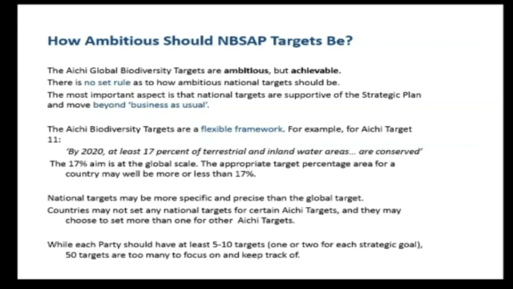It's a challenge to find this balance between a number of targets which gives you focus and is achievable, and actually covering all of the diversity of subjects which are in the strategic plan for biodiversity. But if you have just too many, your resources may be too dispersed, or it's too hard to keep focus on them.